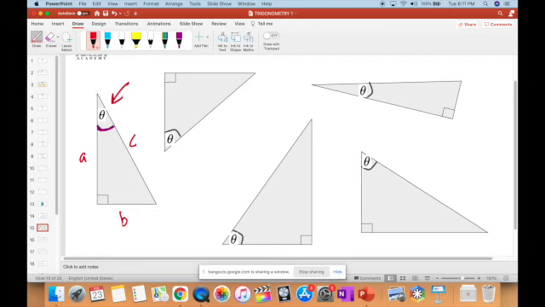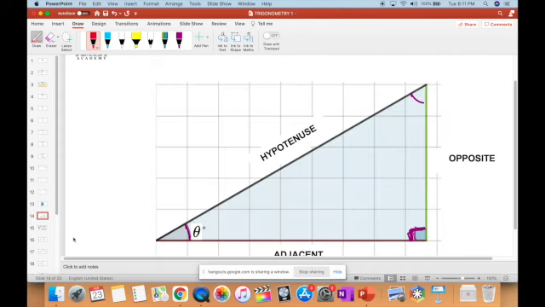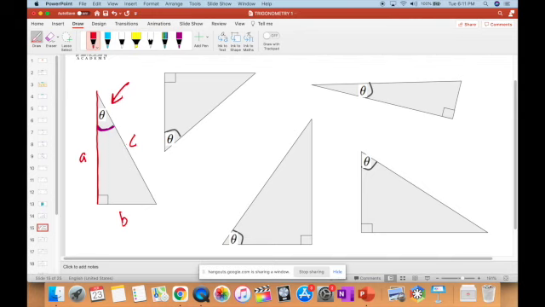Remember, this is the angle we're looking at. So A is this side, and this is the side that's touching the angle, isn't it? So it's the side that's next to the angle, right? So A would be what? Look back over here. Adjacent. Yes, adjacent, right? And therefore you can see that B is the opposite because it is opposite the angle.